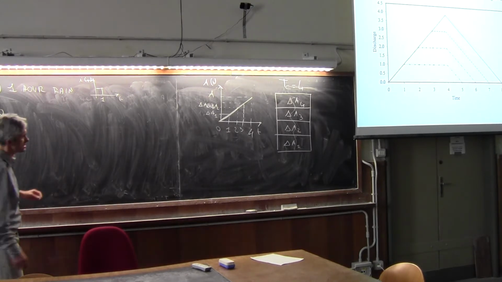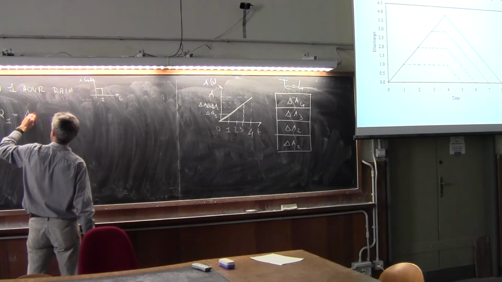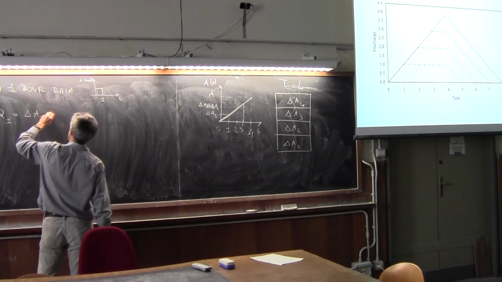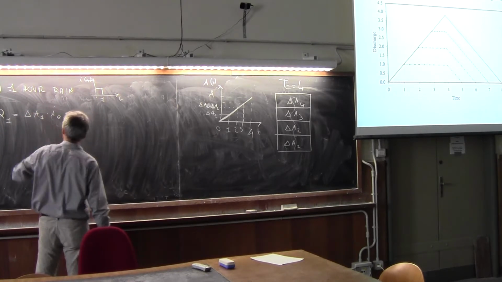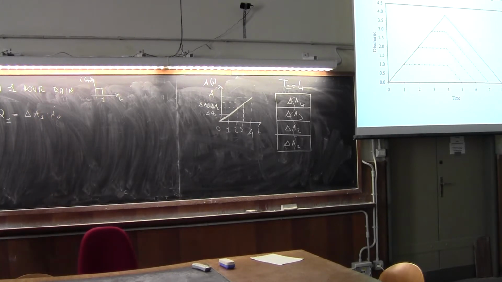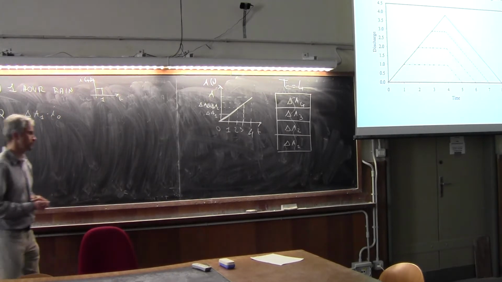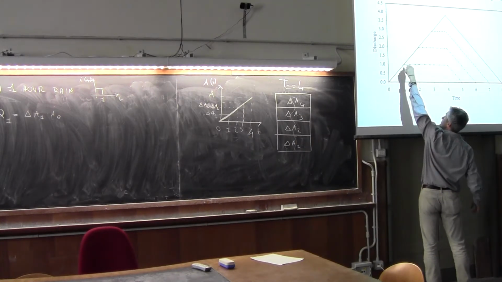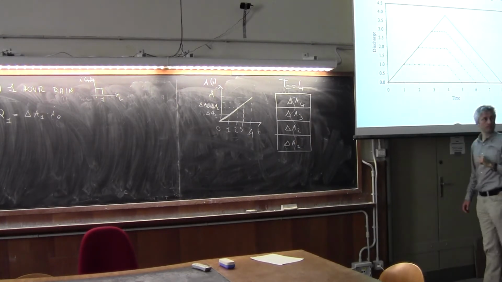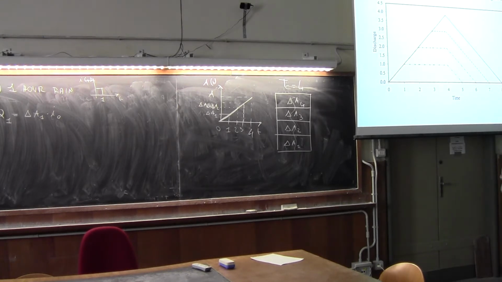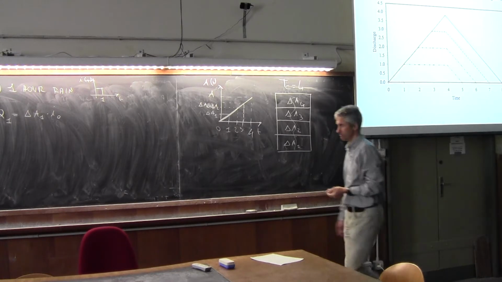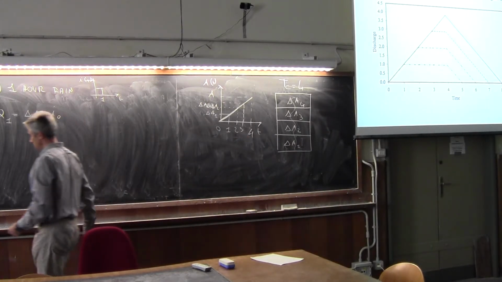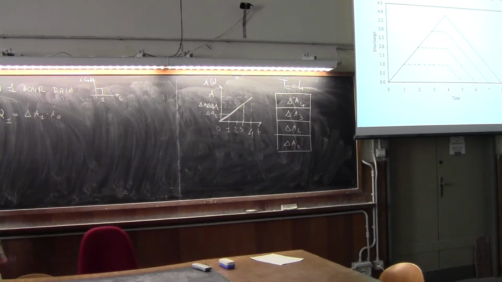Q1 is delta A1 times I0. That's it. Good. What is Q2?